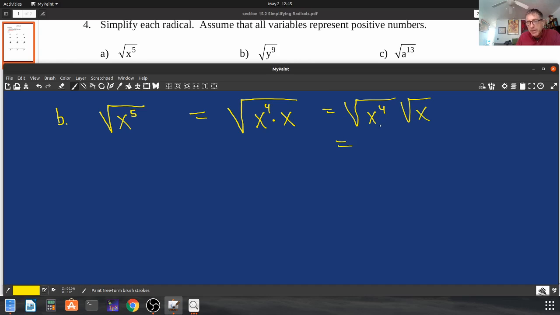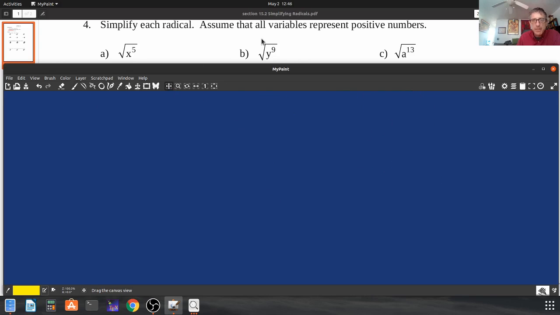And from the previous rule that we learned at the very end of our last lecture, that's just equal to x to the 4 divided by 2 times the square root of x, which is equal to x squared times the square root of x. So not so bad at all, is it?